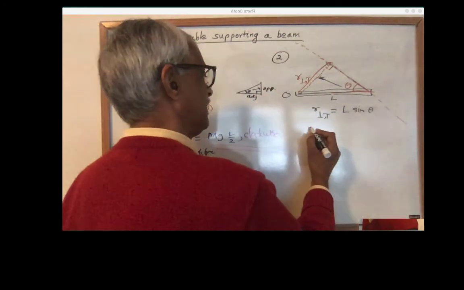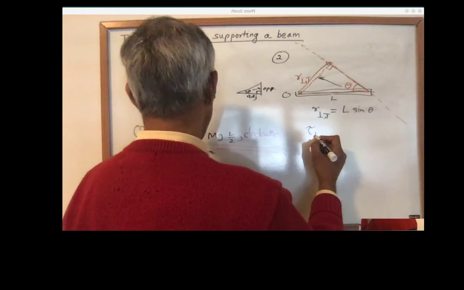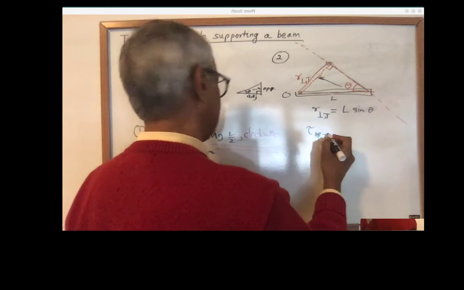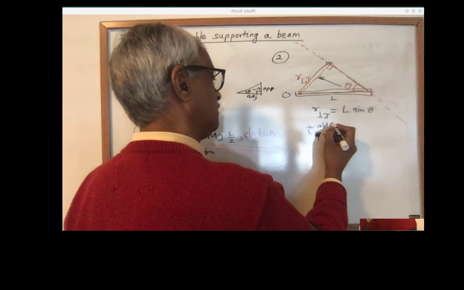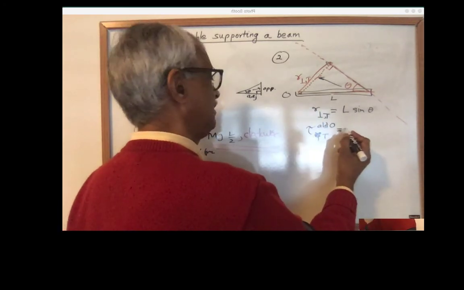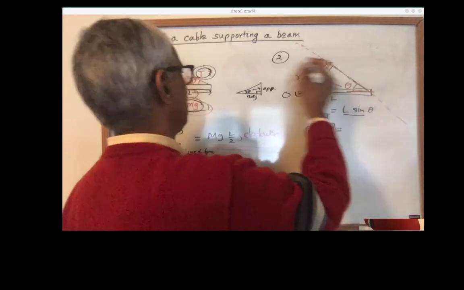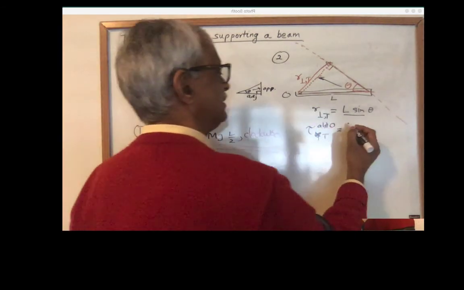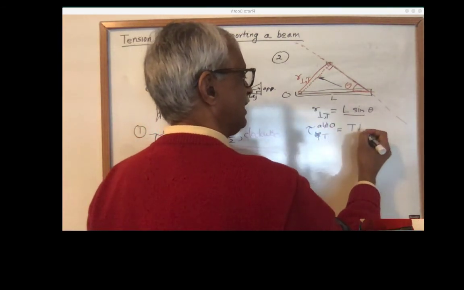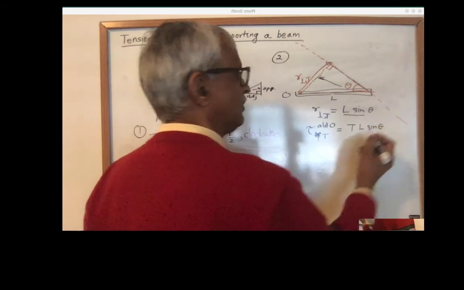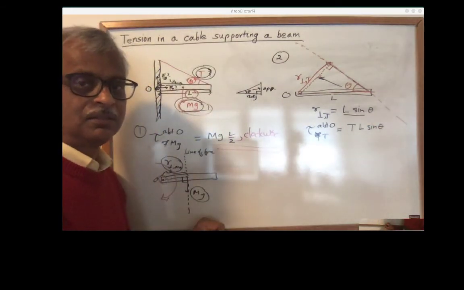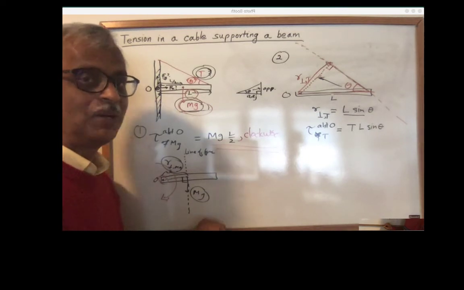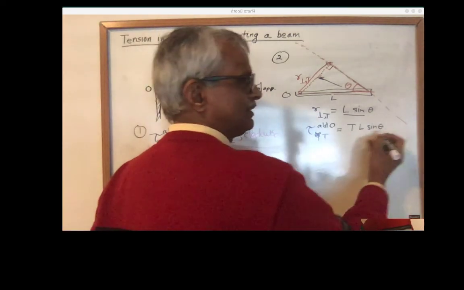Okay, so what do I have? Torque by the tension about O, same thing, is equal to, I take this and multiply by the magnitude, and that's what is unknown. Unknown is this T. So T times L sine theta. Am I done? What do you think? No, I'm not done, because this just gave me the magnitude.